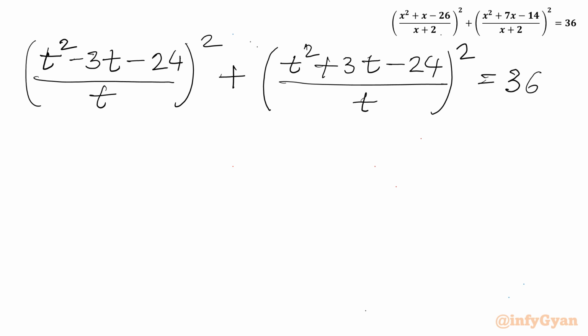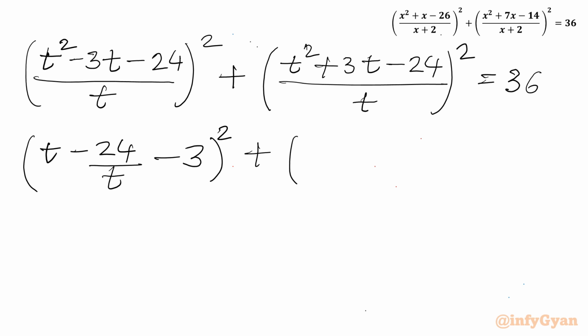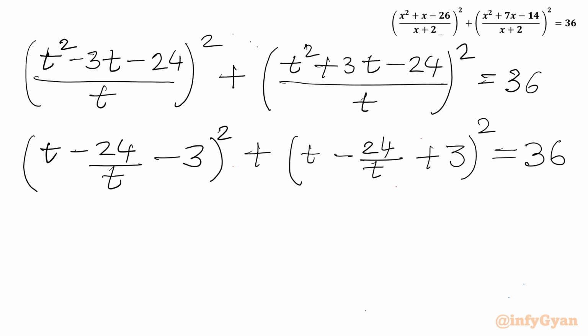Now I will divide by our denominator t. So I can write (t − 3 − 24/t)² plus (t + 3 − 24/t)², and RHS is 36.